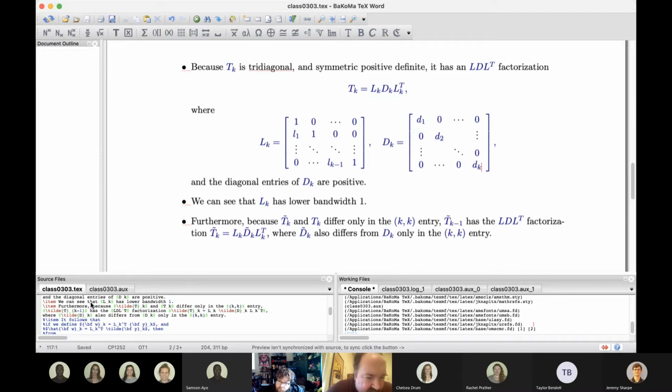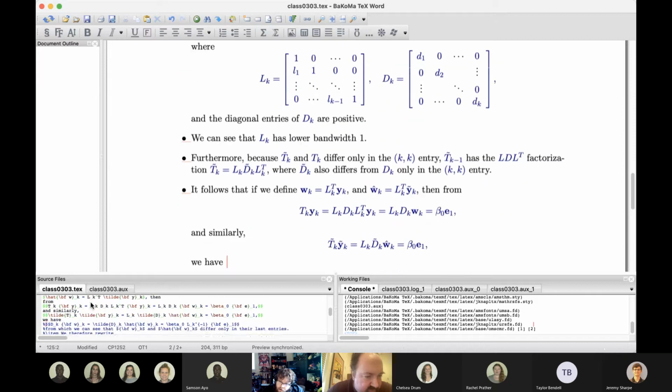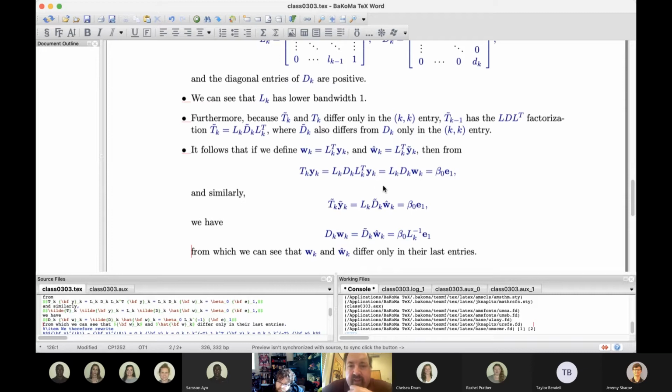Okay. Now, how we're going to exploit this. I'm going to define WK to be LK transpose YK, and then same definition of YK tilde, I'm going to call that WK hat.